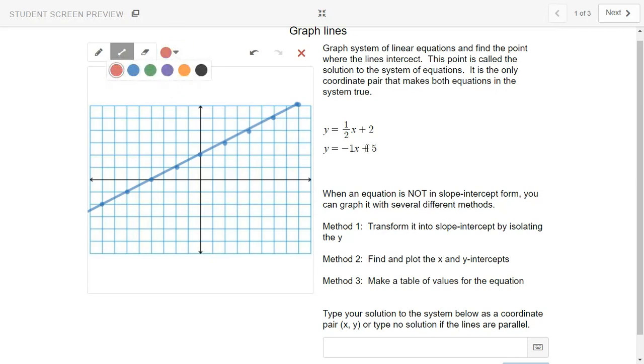Now we're on to our next one. I'm going to go to red, and I'm going to look at this second equation, and we have a y-intercept of 5 and a slope of -1. We make it into a fraction, and it's a negative slope, so that means I'm going to go down first and right, down and right, down and right. And I'm going to draw my line in.